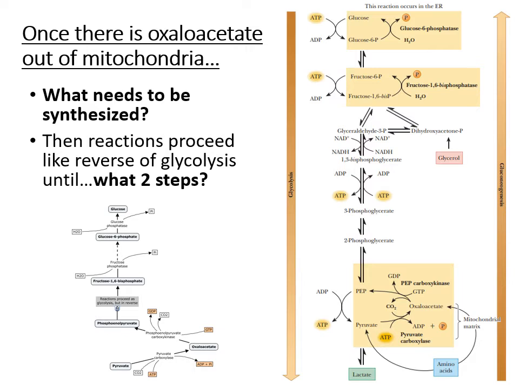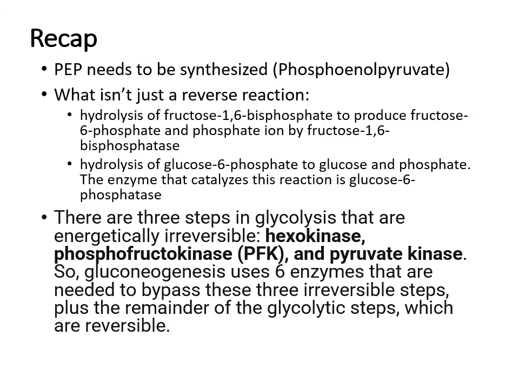So for instance, what did we say the first enzyme of glycolysis is? Hexokinase. And I said to remember that, and I said to remember the last enzyme, which is pyruvate kinase in glycolysis. So those are 2 of the 3 energetically irreversible steps of glycolysis. So I'll have those written out on the next slide so you can just pause and jot down those notes.